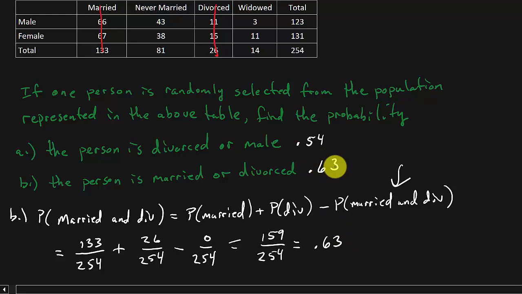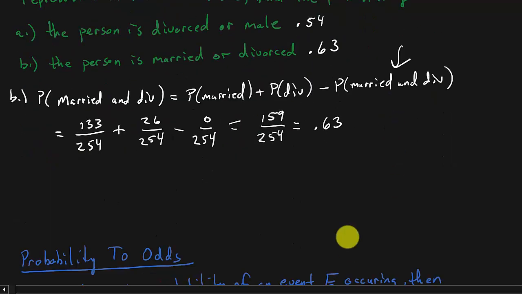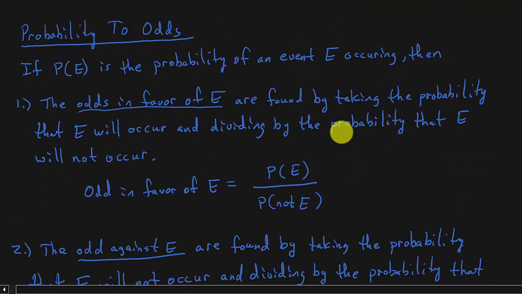So I hope that clears that up on doing those probabilities when we have events that are mutually exclusive and when they're not mutually exclusive. Okay. All right. Now what about probability to odds? We want to know the odds. What are the odds in favor or what are the odds against? So if the probability of E is the probability of an event E occurring, then the odds in favor of E are found by taking the probability that E will occur and dividing it by the probability that E will not occur.